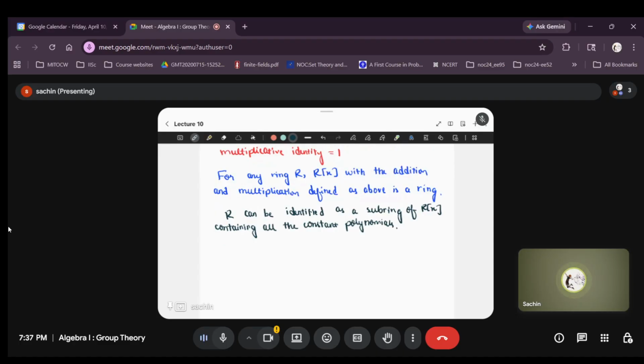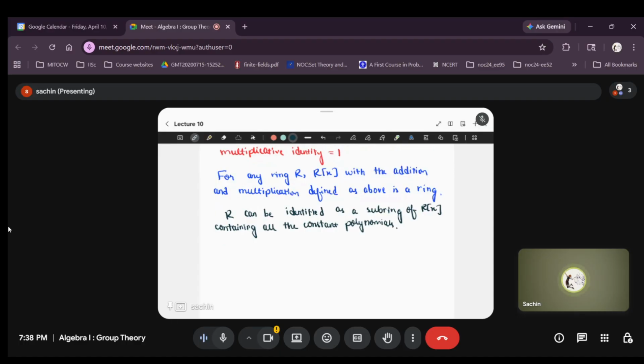But we can construct the rational functions. If we consider all rational functions instead of polynomials, then with some minor clarification in the details, that could be looked at as a field.